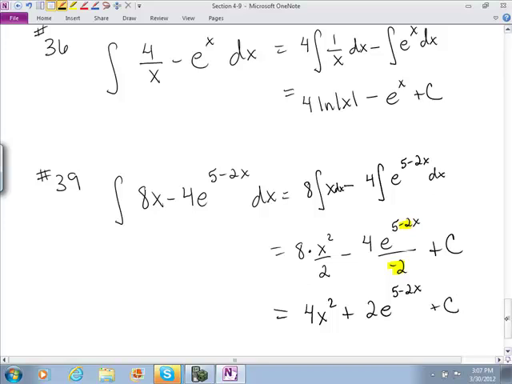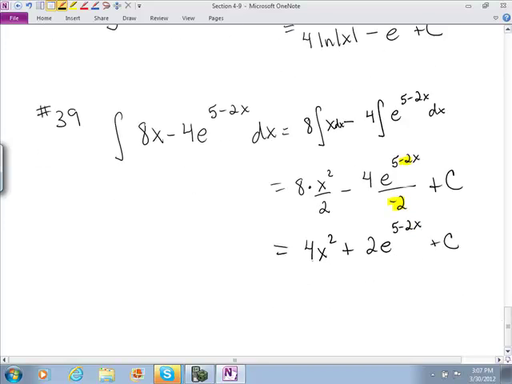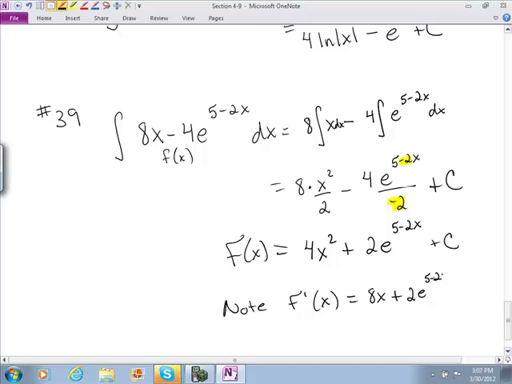Now, if you take the derivative of this, which you could do very quickly, you should see that you do in fact get the integrand. Remember, this is your big F of x. This is your little f of x. So note, the derivative of big F of x does equal, well, I can do it real quick, 8x plus, the 2 is going to tag along, and then it's e to the 5 minus 2x times the derivative of that, which is negative 2, and the derivative of the constant is 0.